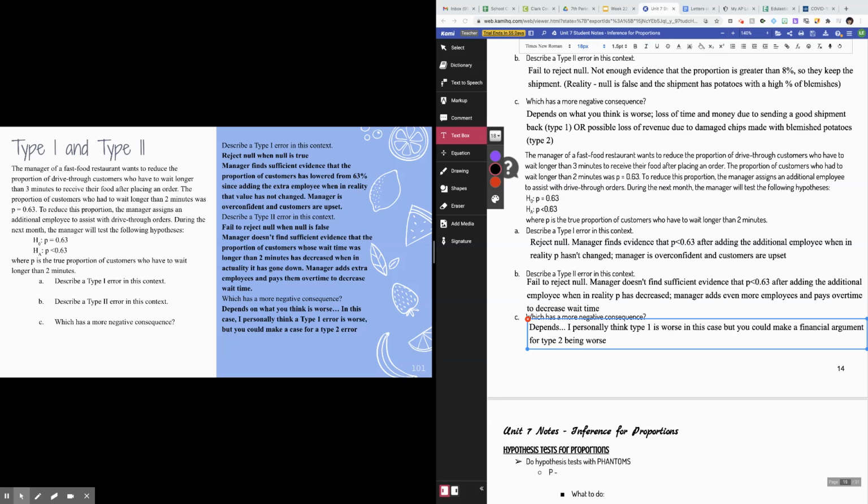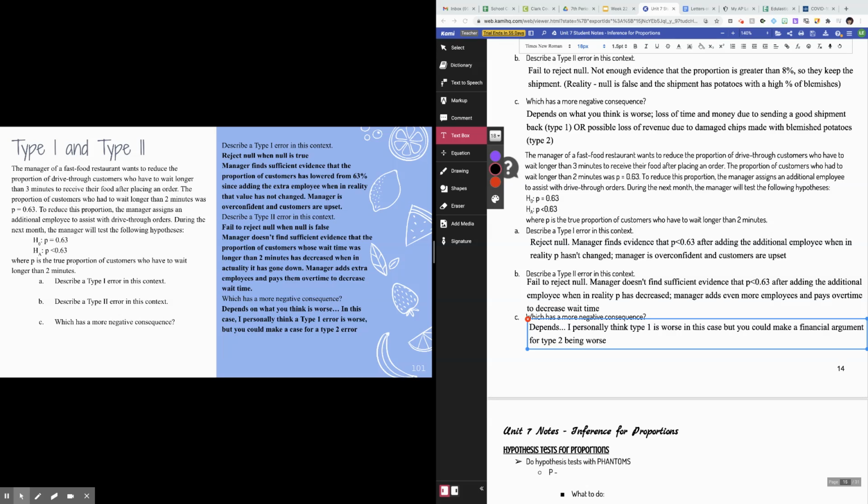And then a type 2 error is the exact opposite. For a type 2 error, you fail to reject the null. That's the choice that you've made. So we're going to stay with the null being true after adding the additional employee, so that proportion of customers that have to wait longer than 2 minutes is still 0.63.